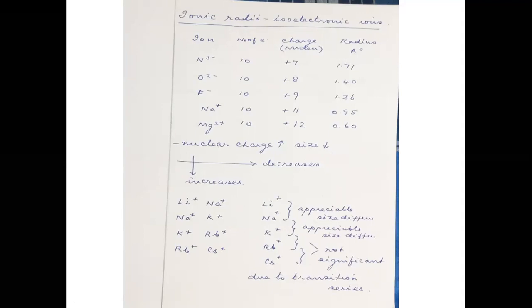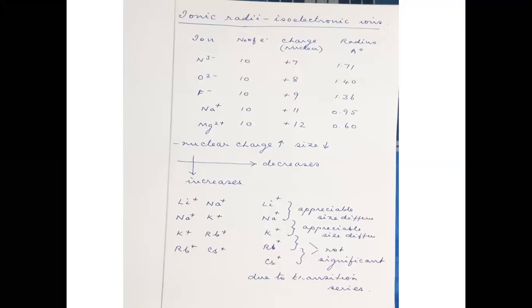So there is no increase in the principal quantum number, and the distance between the outermost shell and the nucleus remains the same. But at the same time, the Coulombic force of attraction increases. Therefore, the size of the atom decreases. While the size of the atom decreases, naturally the size of the ion will also decrease.